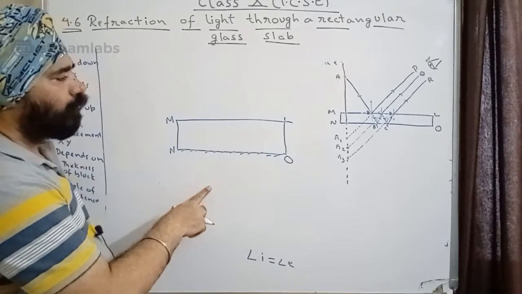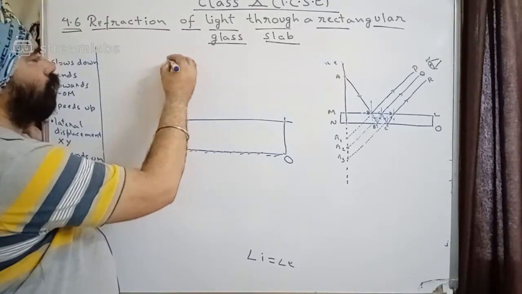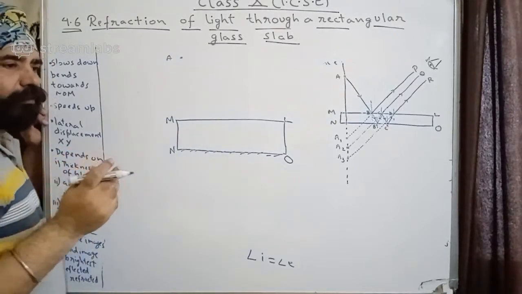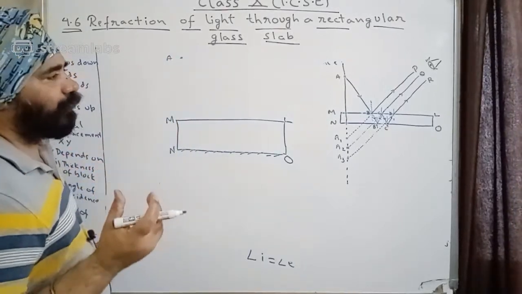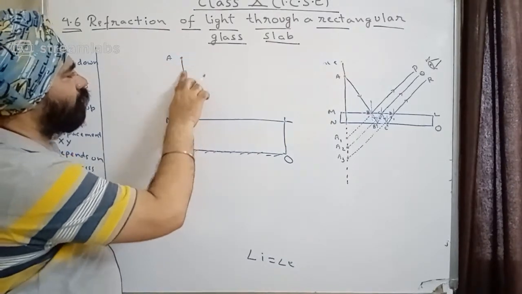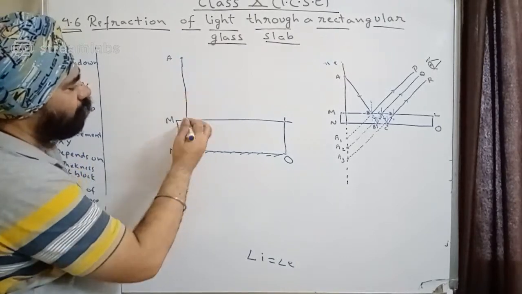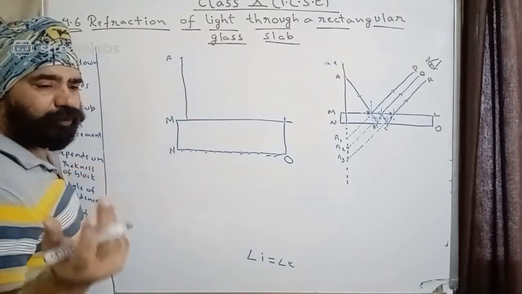Okay, got it? Now what I do is I take a source of light at A and I take 2 rays. The first ray goes perpendicular to the surface, which means it is at 0 degree.